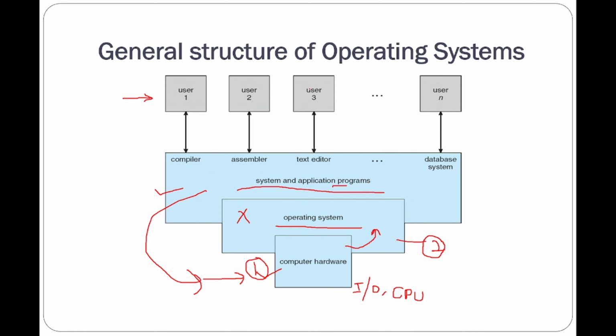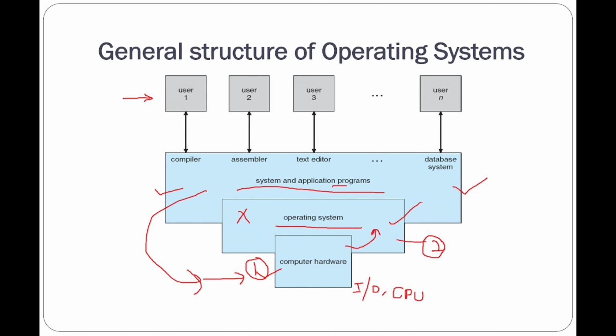Ultimately we will have different users: one wants to listen to music, one wants to see videos, one wants to use a text editor, and so on. So a user, in order to interact with computer hardware, requires application programs. And these application programs, in order to run on your hardware, require your operating system. So that was the basic structure.